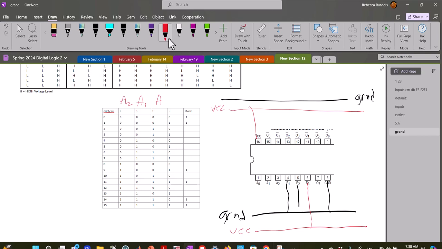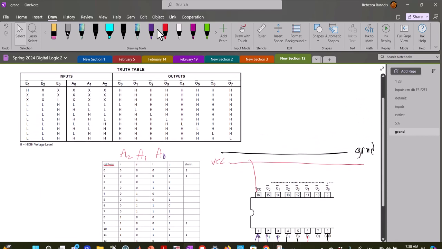And then we're going to have switches. R, S, and T are going to be switches. Map R to A2, S to A1, and T to A0.